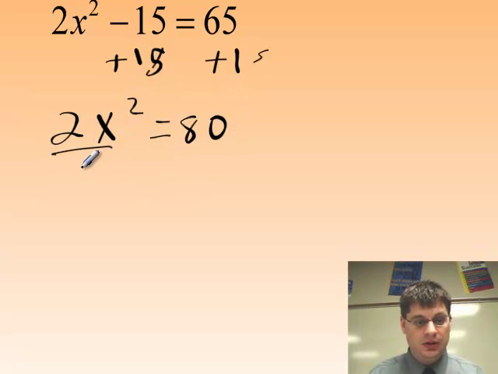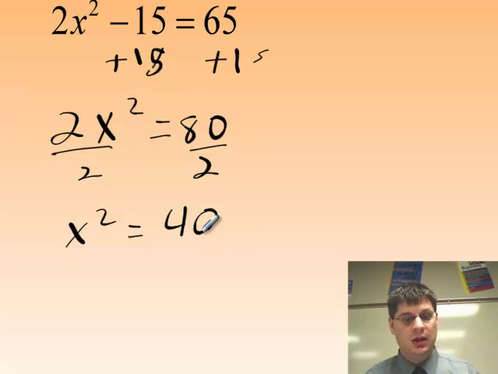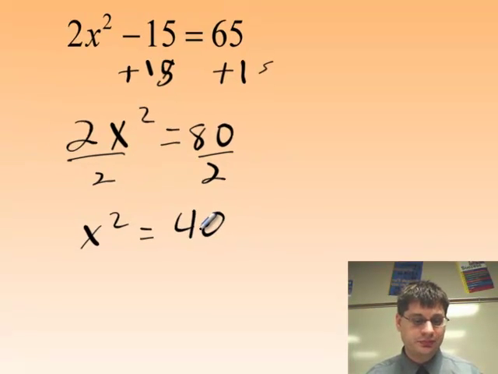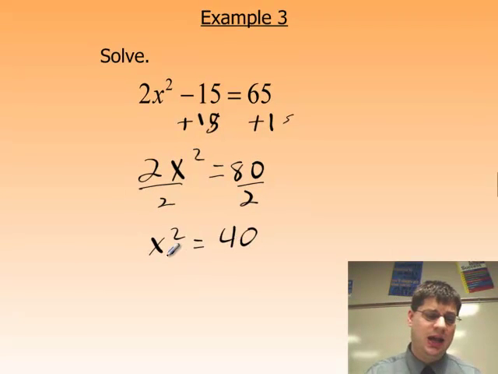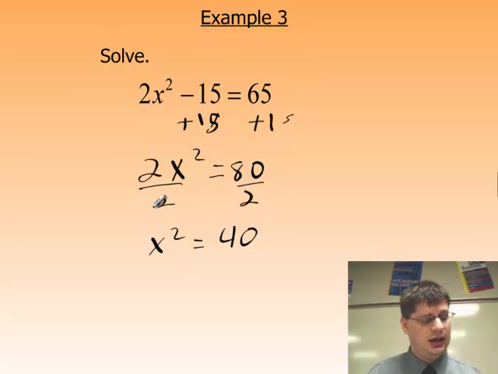And then we're going to divide both sides by 2. And x squared is equal to 40. Okay? So I'm looking at this, and I'm just left with the x squared, and that's what we want. We've isolated it, equals 40.